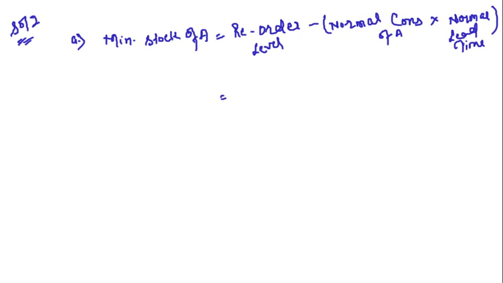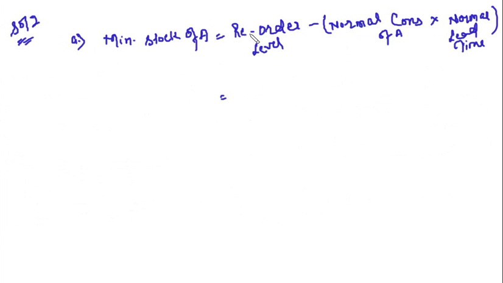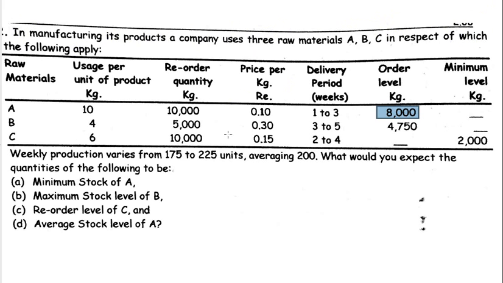So now what is the reorder level? Reorder level is given to us as 8,000 for A. Now what is the normal consumption? See, the normal production of the unit finished good is 200. Right? And usage per unit of product is 10.